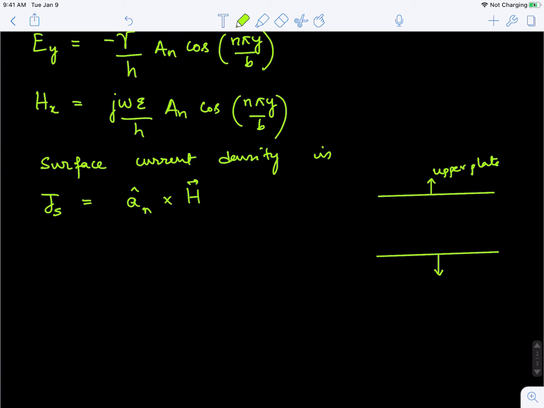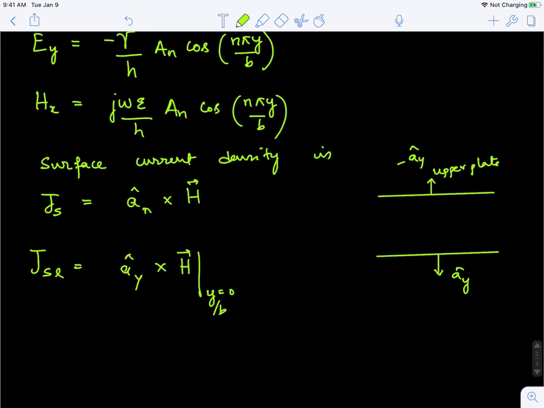So if you say this is a_y, then this will be minus a_y. Now if that is the case, then let's say J surface lower is going to be a_y cross H at y equals 0. Does that make sense?